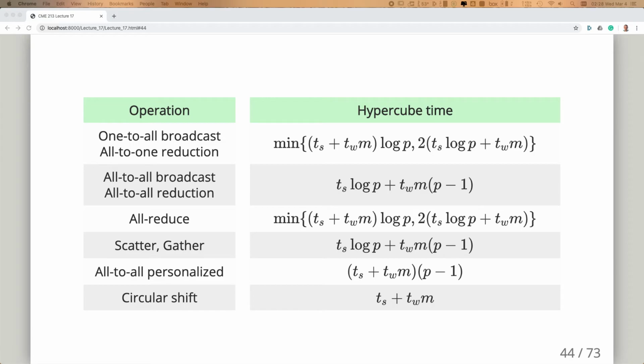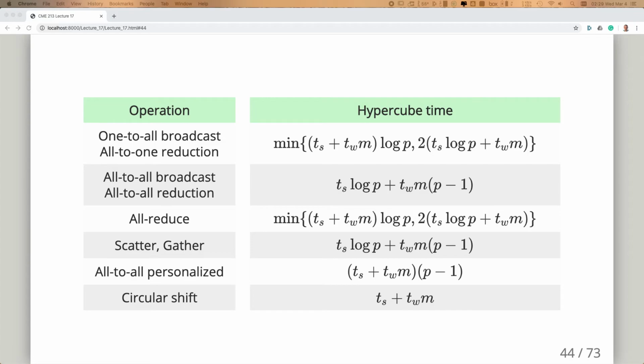And then you can look, so I'm not going to go through the entire table, but for example, the broadcast, which is one to all, you have different implementations of the broadcast, but roughly speaking, you can recognize that you're using a tree structure, okay? And so you're going to have log p passes that need to happen one after the other. So you have log p passes times the time to send a piece of data.